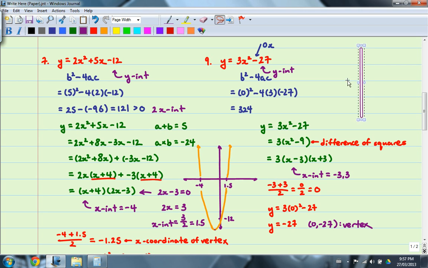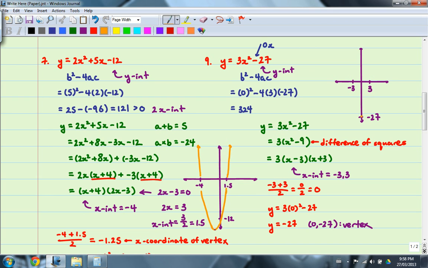So you have everything that you need now to draw the graph of this parabola. Here we go. And then a horizontal line. Okay. So I will label this as negative 3. This is going to be positive 3. The y-intercept is going to be negative 27. And quite simply, you just need to draw a parabola that goes through all 3 points.